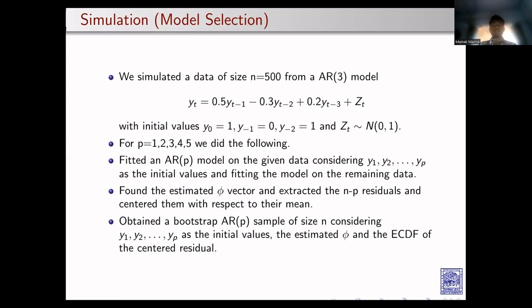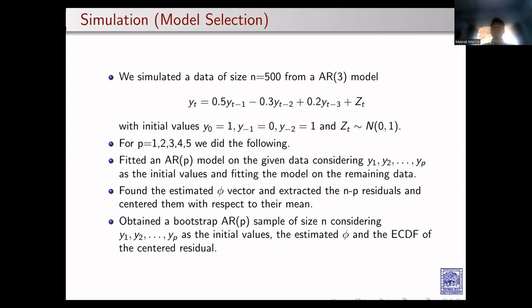Now we know that the true model is p equal to 3, and I will check for p equal to 1, 2, 3, 4, 5. I will find the Monte Carlo estimate of that expectation and find the p for which the value is minimum.